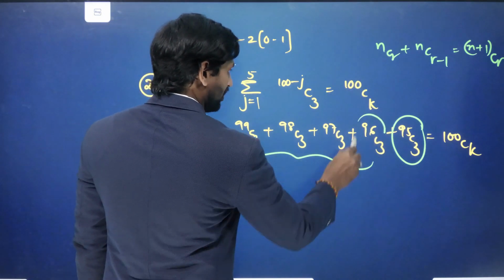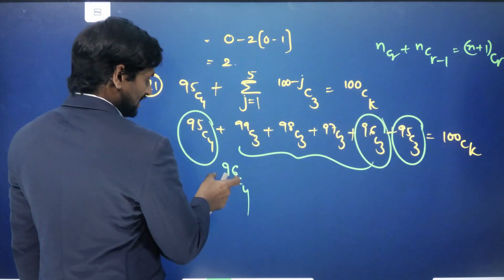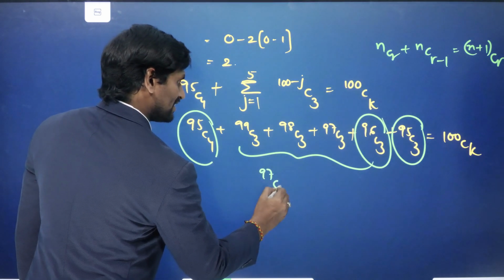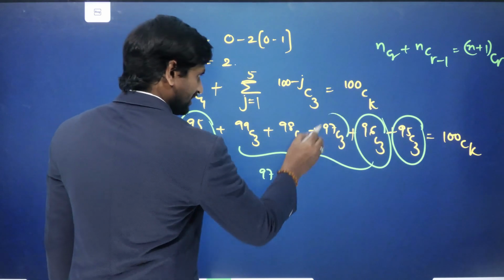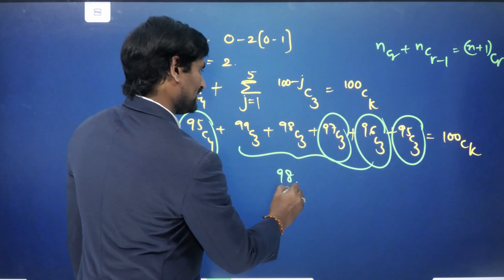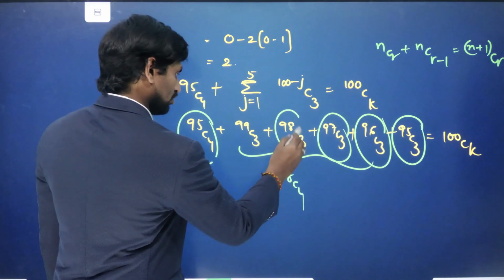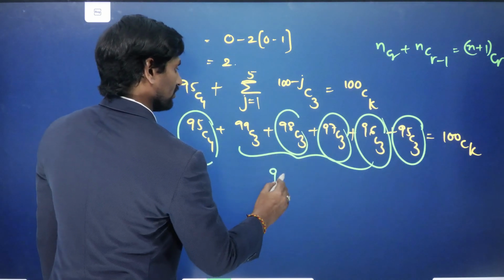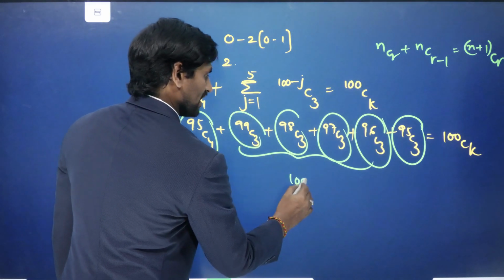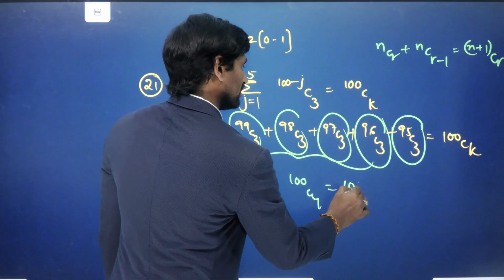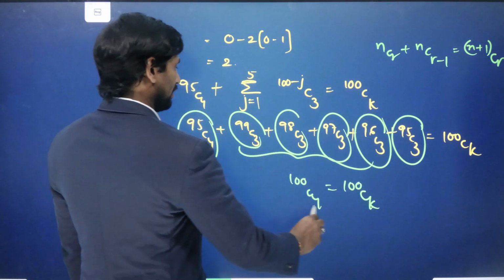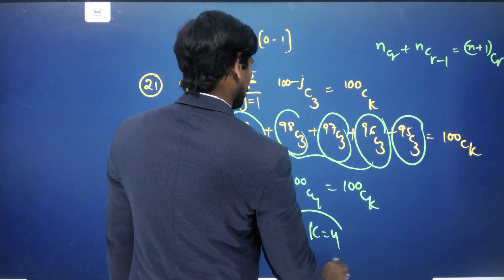Again these three terms, 96C4, 96C3 will be 97C4. Again 97C4, 97C3 becomes 98C4. Again these two will come 99C4. Again these two will come 100C4. So 100C4 equals, that means 5 steps will come one by one, but I have written directly like this. So compare, k value is 4.